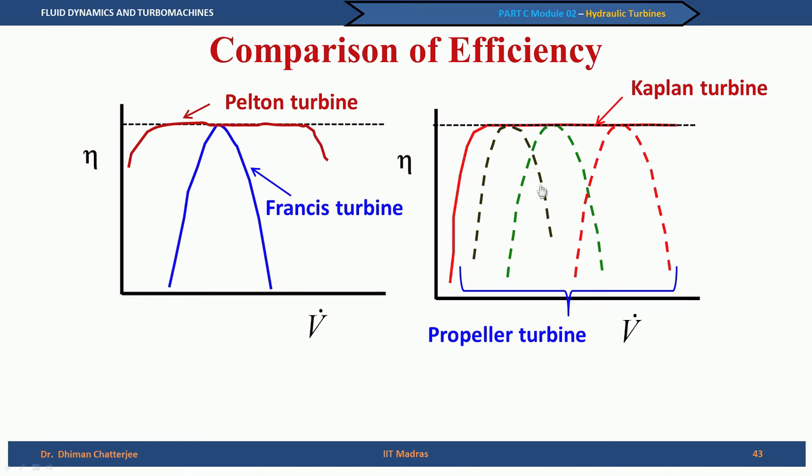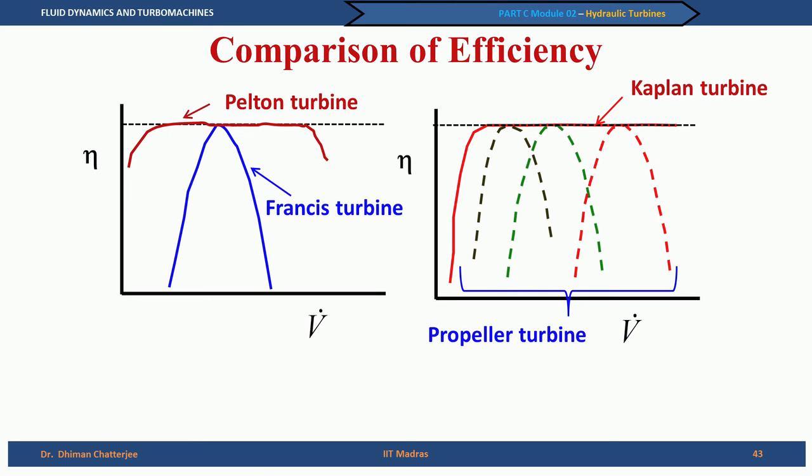So, you can think about this propeller turbine with a particular runner blade setting as this Kaplan turbine. Next time when you change the blade setting, it becomes another propeller turbine, and so on and so forth. So, we get a much flatter curve, and hence if we see that there are zones of operation where both Francis and Kaplan turbine can be used, you know that Kaplan turbine is much better.